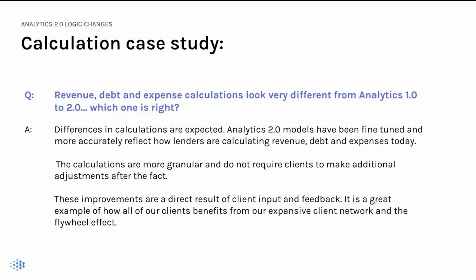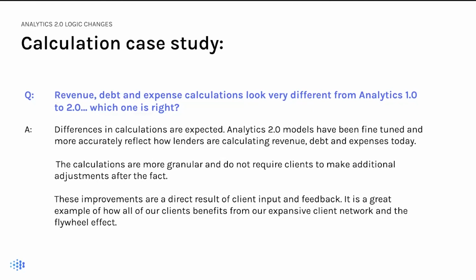Here's a quick example from a use case study that we conducted with one of our clients. One of their questions was, revenue, debt, and expense calculations look very different from Analytics 1.0 to 2.0, which one is right? What is occurring here? We now have differences in calculations, which are expected.